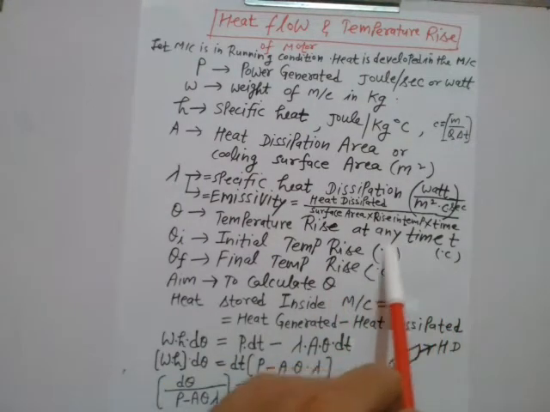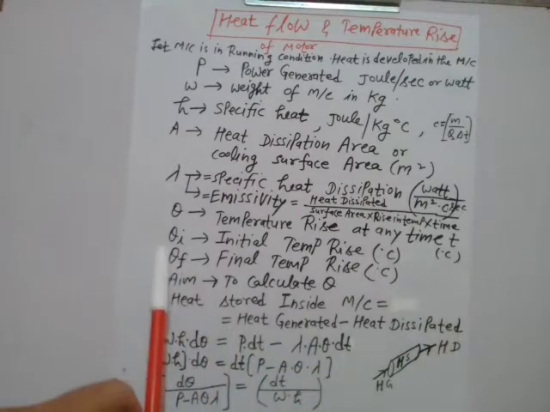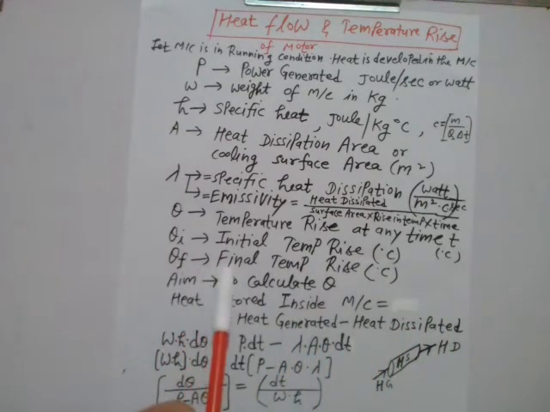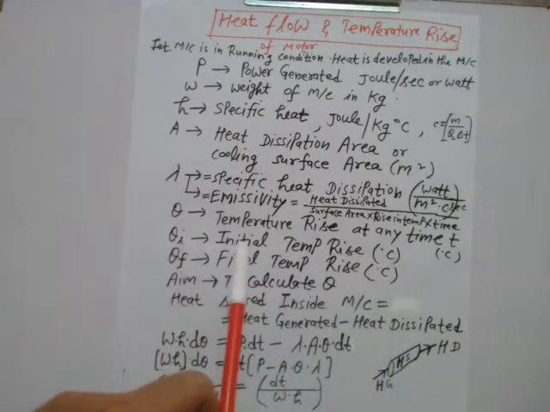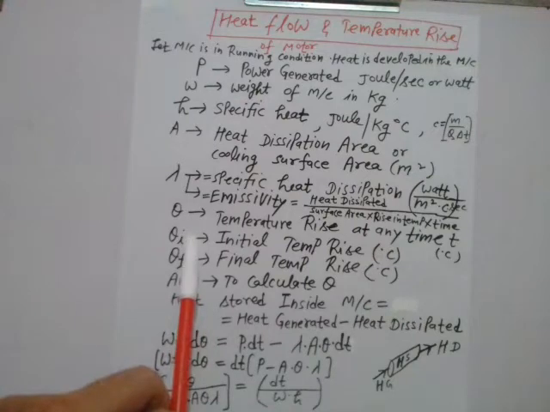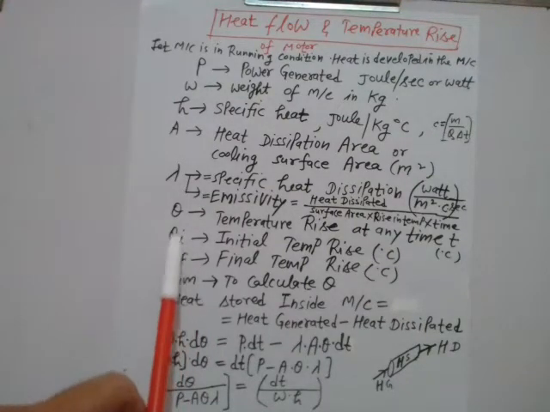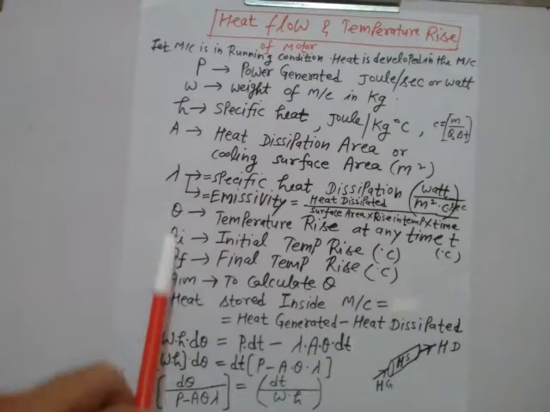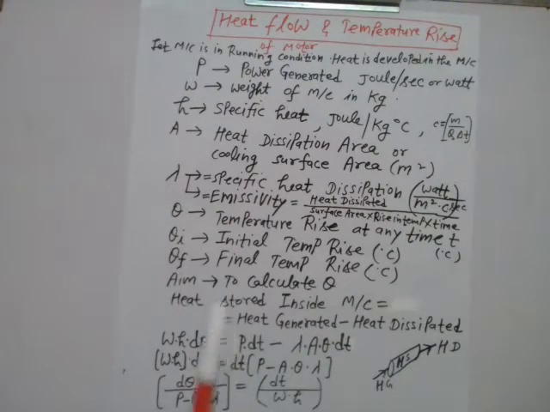Theta i is the initial temperature rise and theta f is the final temperature rise in degrees Celsius. Suffix i stands for initial, suffix f stands for final. Our aim is to calculate this theta, the temperature rise.